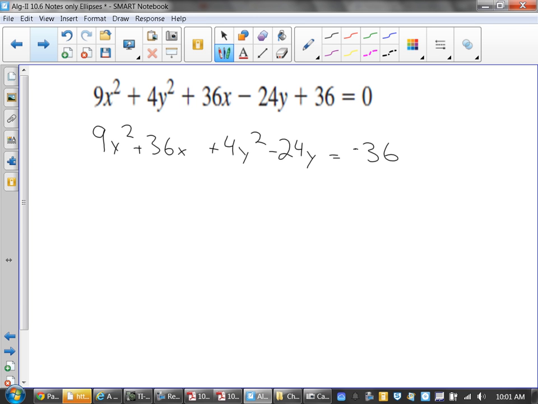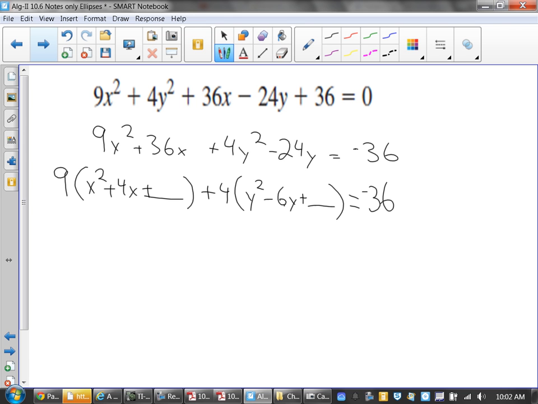Notice how it works rather cleanly here. It happens a lot like that. Factor out a 9, and you have x squared plus 4x plus blank. Everybody okay with that? I'm going to close that parenthesis up. I'm going to add in a factored out 4, y squared minus 6y plus blank, equals negative 36.